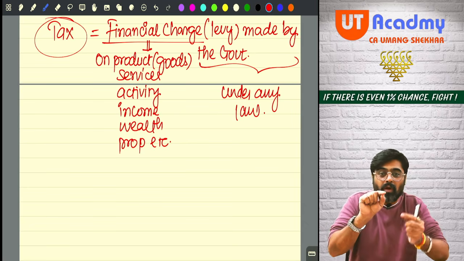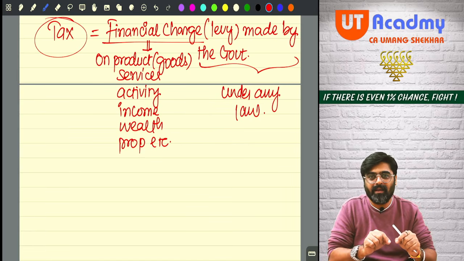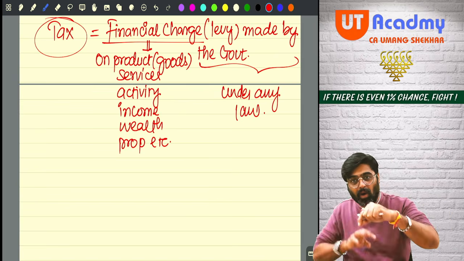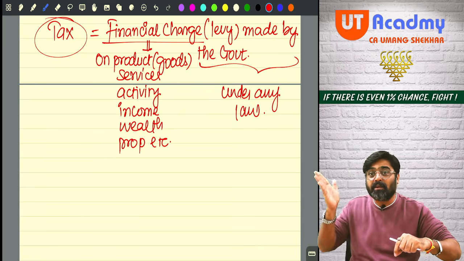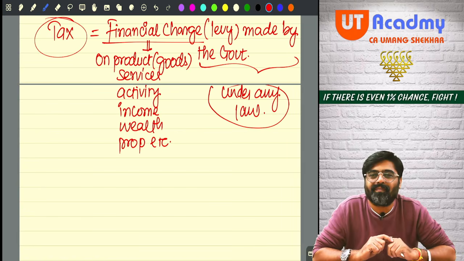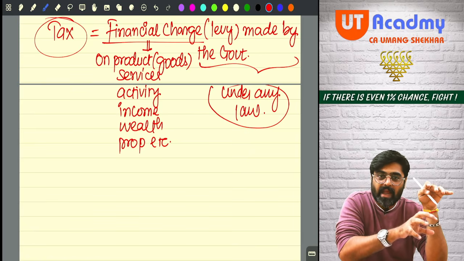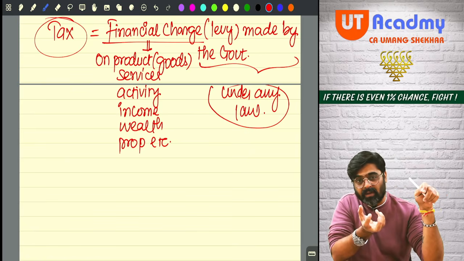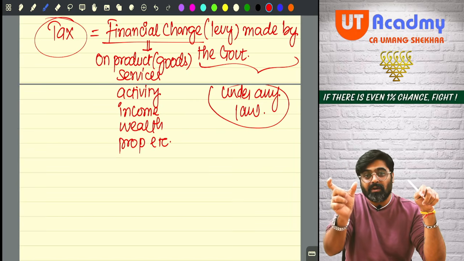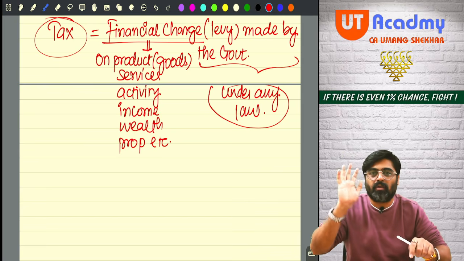So in order to call some financial charge as a tax in India, it must be charged by the government on different things, but it must be charged under any law. So there has to be a law in India, and as per that law only the government can charge on these items, and only then that charge will be treated as what? Tax.